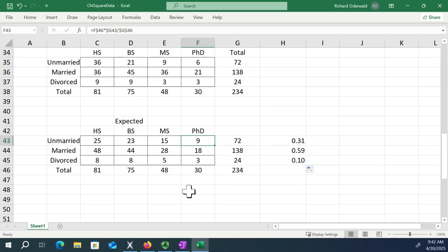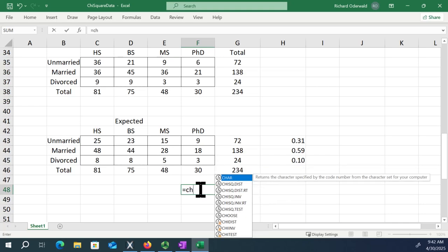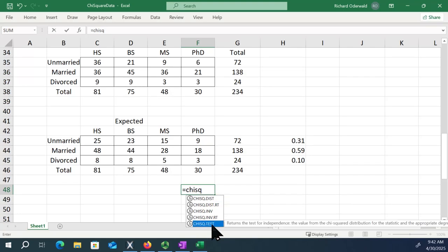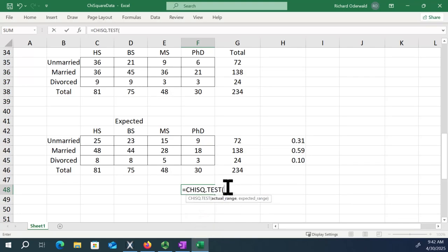All right, so now we can do the test. We've got observed and expected. It's equals CHISQ.TEST. It asks for actual.